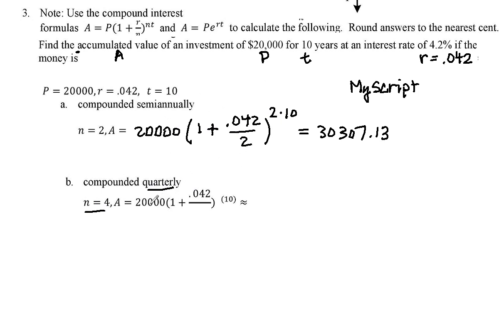So this will be 20,000, 1 plus 0.042 over 4, and then to the 4 times 10 power. And if we key that into the calculator, you'll get 30,372.65. And notice that this is a little bit higher than it was semi-annual, because if you compound more, you're going to get more money.